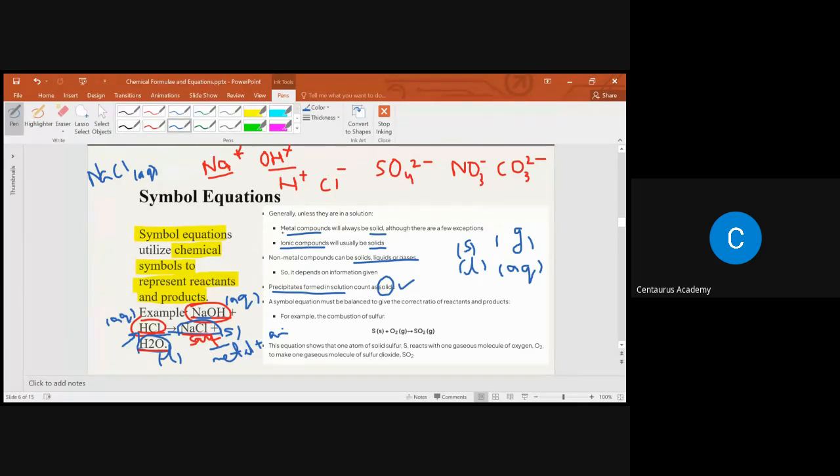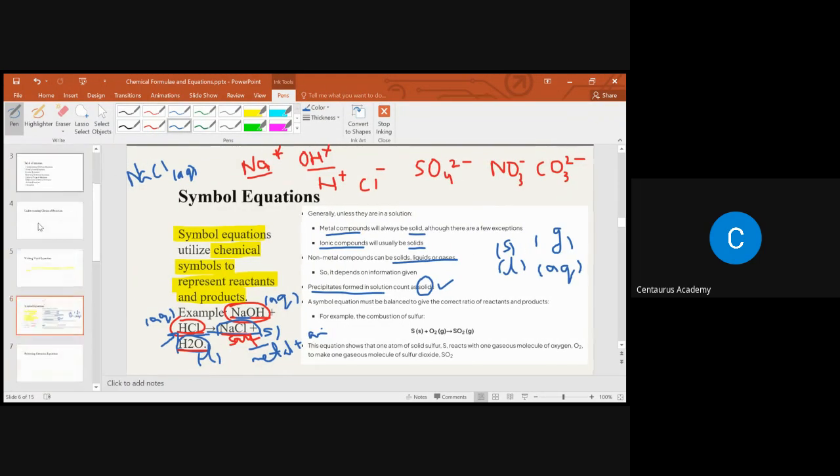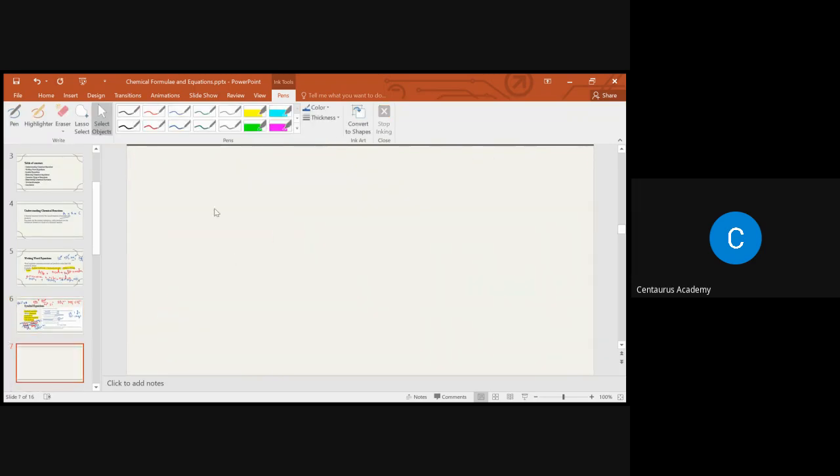Tell me one more. If magnesium oxide reacts with nitric acid. The formula for magnesium oxide is going to be?